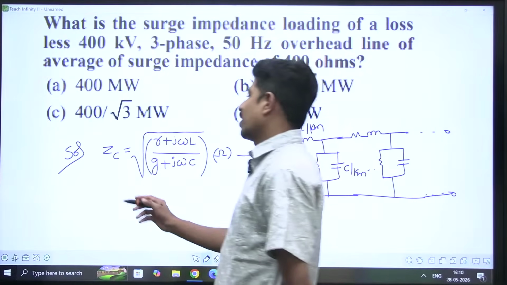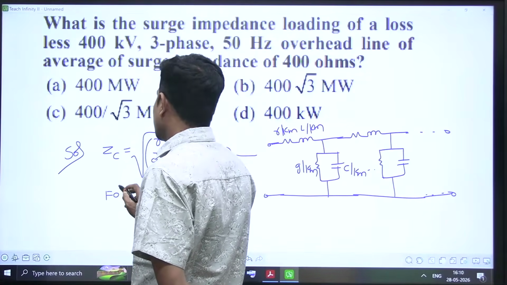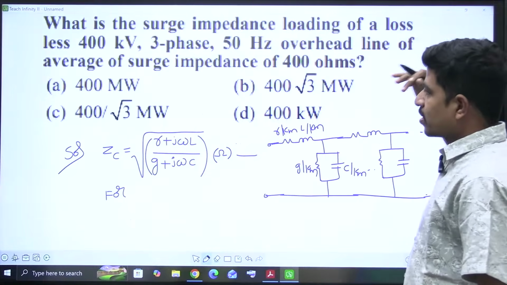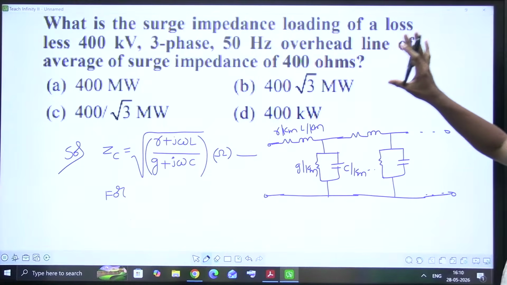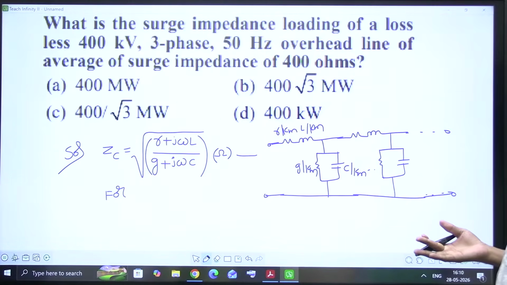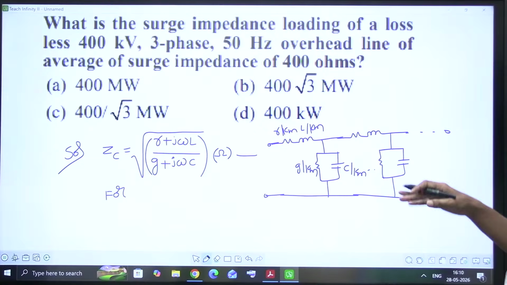For a lossless line, this question is damn easy. You should not think, sir, you are wasting a lot of time solving that question. All the related concepts I am giving here will be useful for you when any related question appears in the examination.